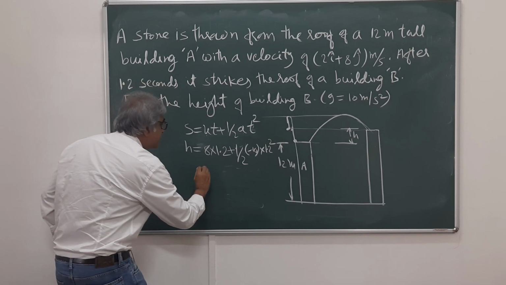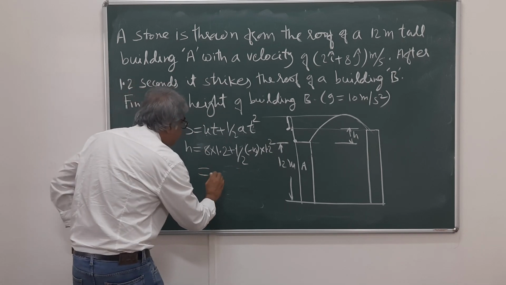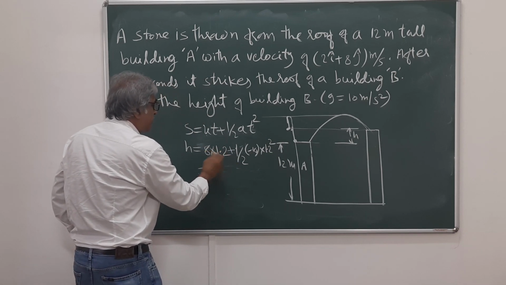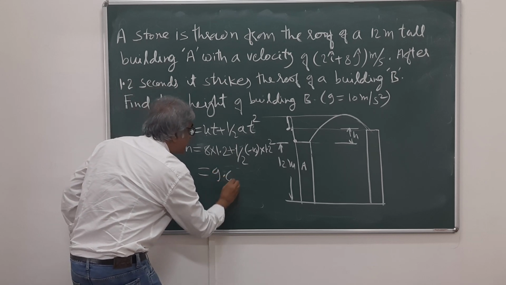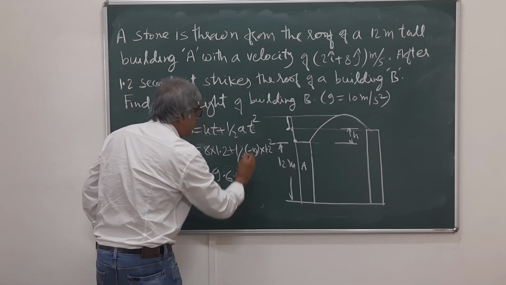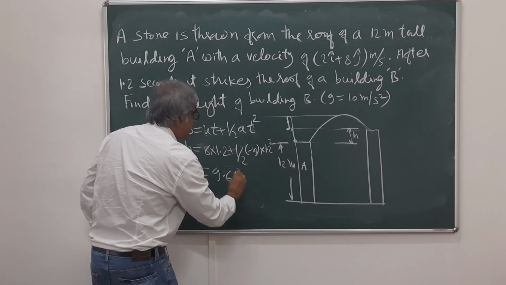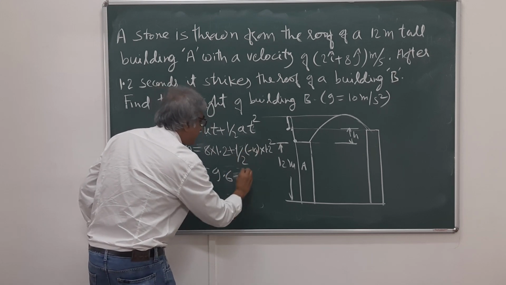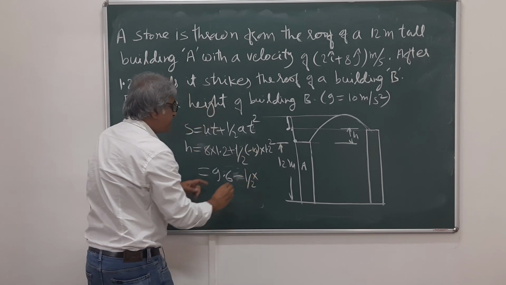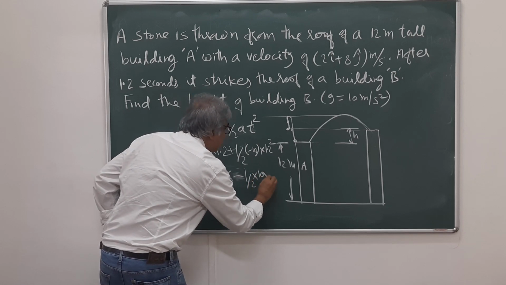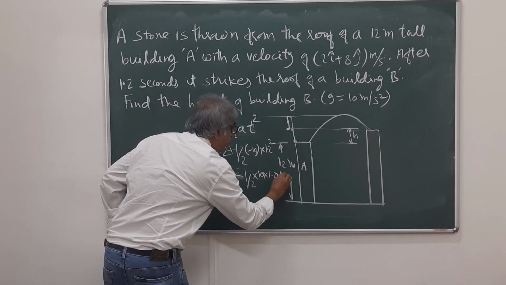So we can solve this. 12 into 8 is 96, so it is 9.6. This can be written with a minus sign taken out, half into 10 into 1.2 into 1.2.